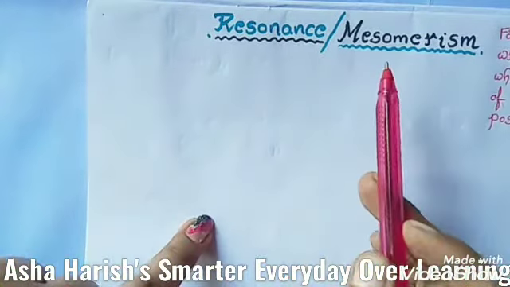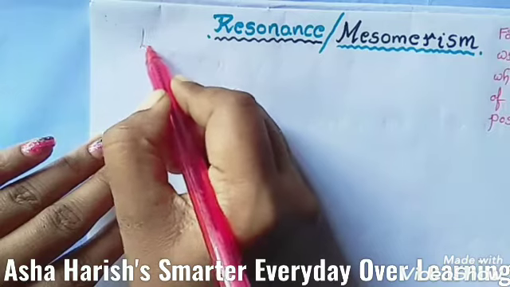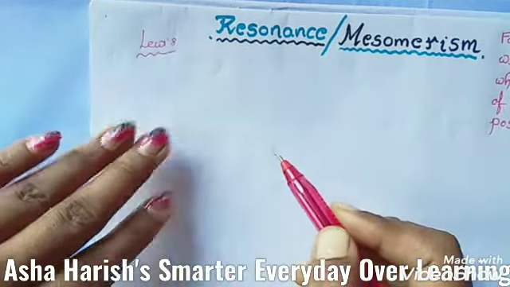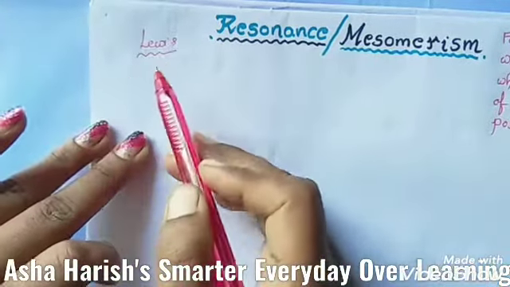Sometimes it is not possible to assign a single electronic structure, that is a Lewis structure, to a molecule which can satisfactorily explain all its properties.